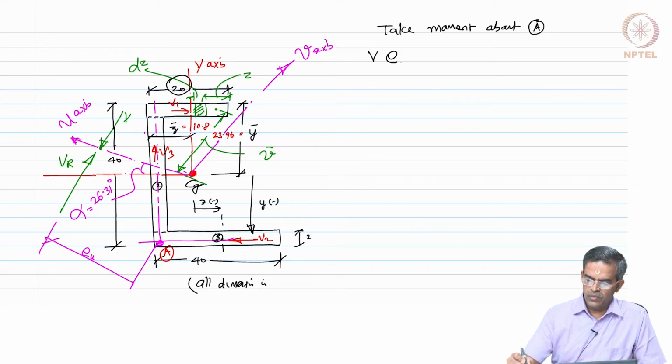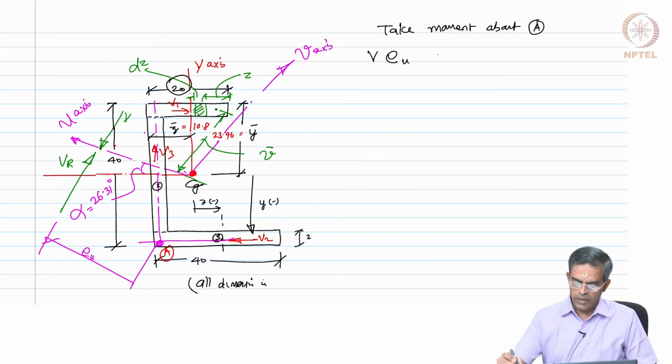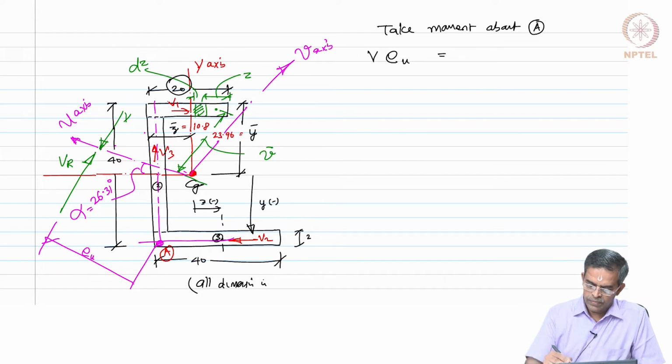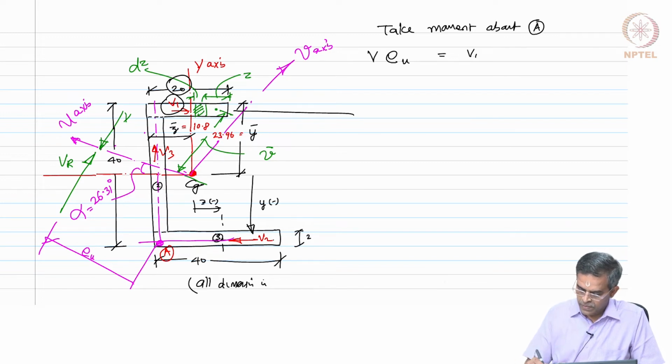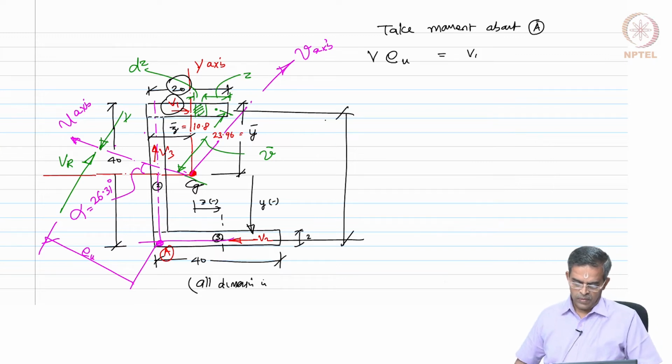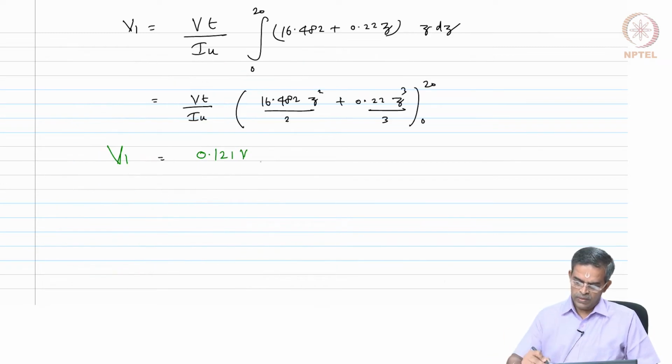V into EU will be equal to V1 and this distance, 38. Already we have V1 with us.